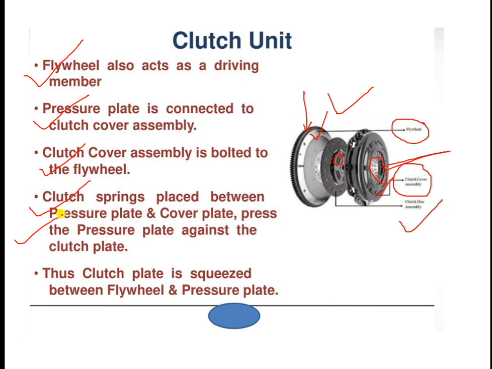The pressure plate presses against the clutch plate, thus the clutch plate is squeezed between the flywheel and the pressure plate. So the clutch plate gets pressure between the flywheel and the pressure plate, and the transmission or engagement of both the driving as well as driven shaft members can be operated. That is very important.